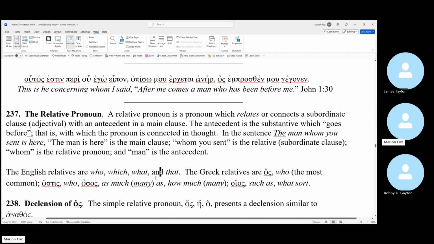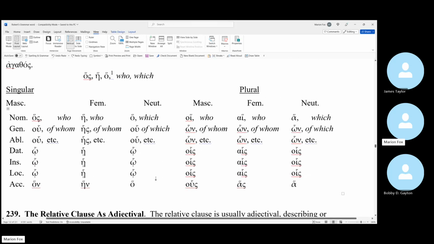And the declension of hos: the symbol is hos, he, and ho. Again, as I warned you, it looks a lot like an article sometimes. I want to show you something else, however, right here. These forms here are the same in the masculine as they are in the neuter.